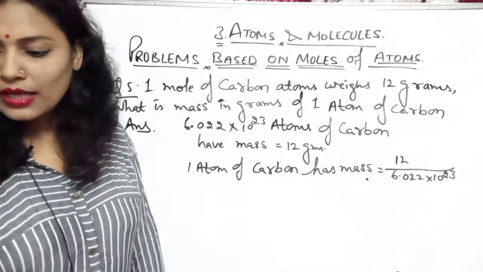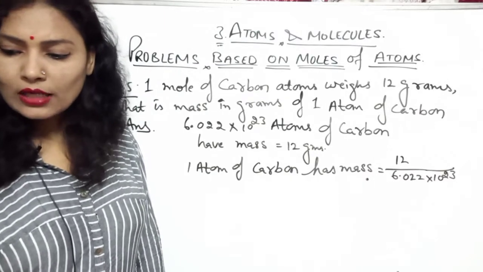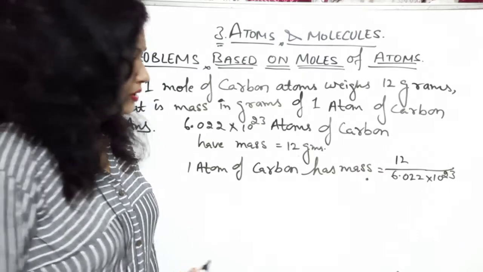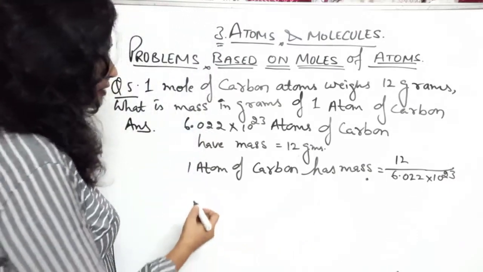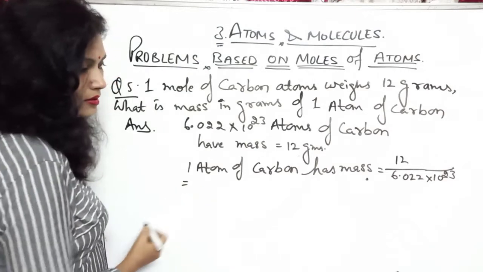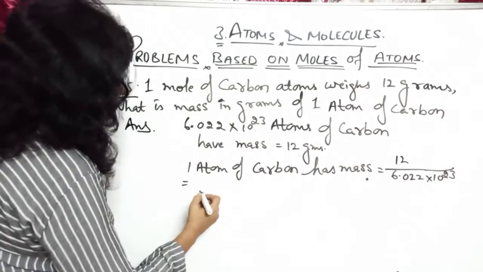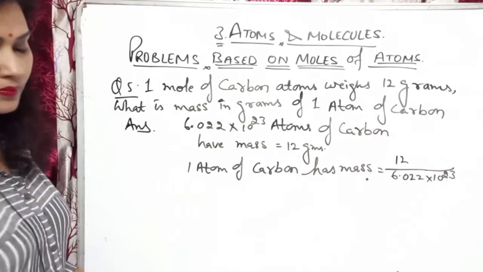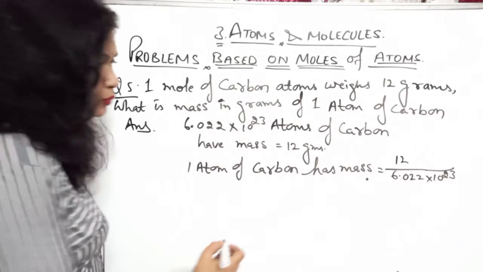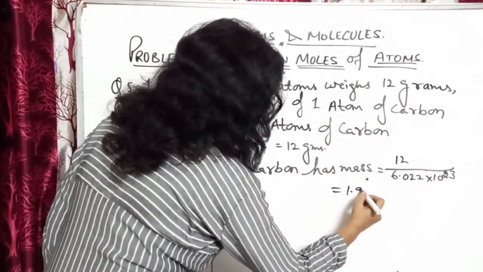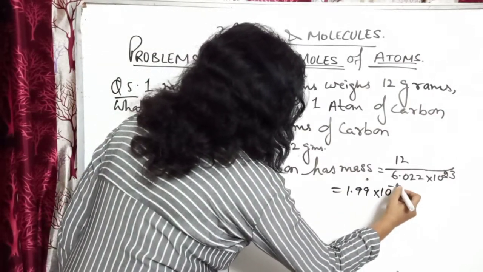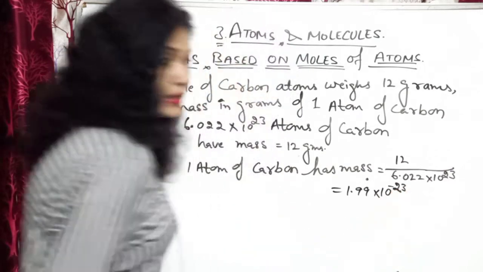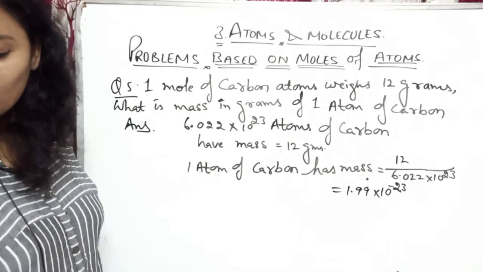So that is 1.99 into 10 to the power minus 23. You can write the answer: 1.99 into 10 to the power minus 23 gram.